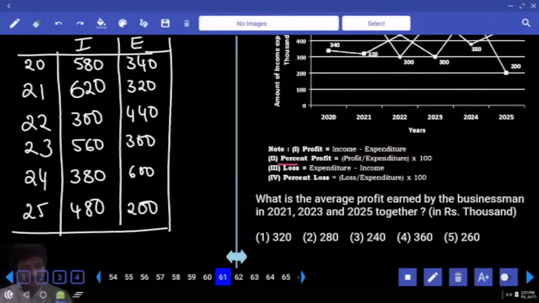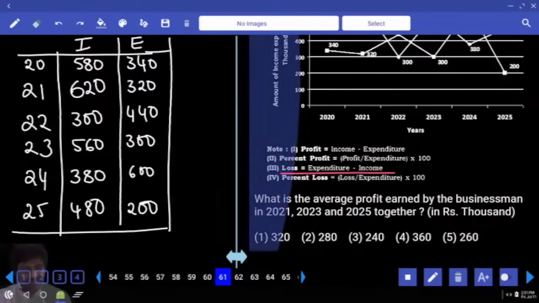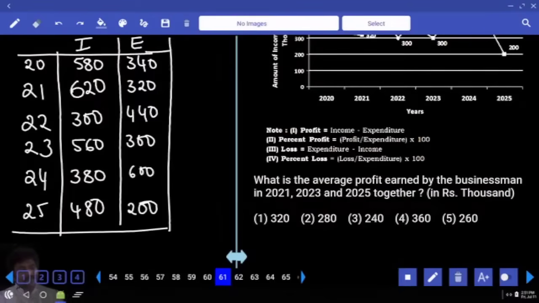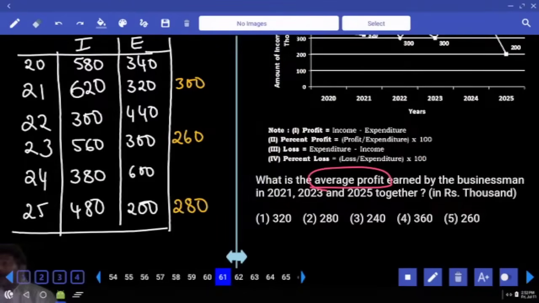We know that point. Profit percent is given, loss is given, loss percentage is given. What is the average profit earned by the businessman in 21, 23, 25? Profit in 21 is 300, in 23 is 260, in 25 is 280. We were asked to calculate average profit, not average profit percent.